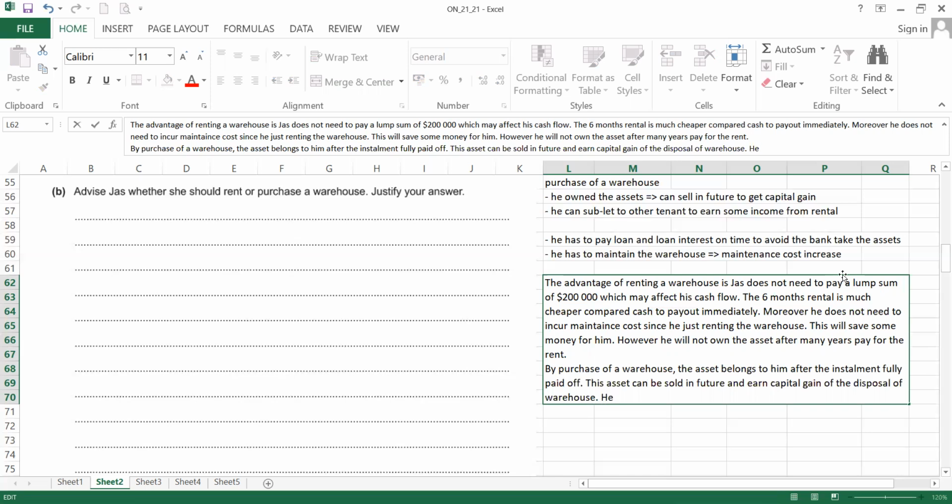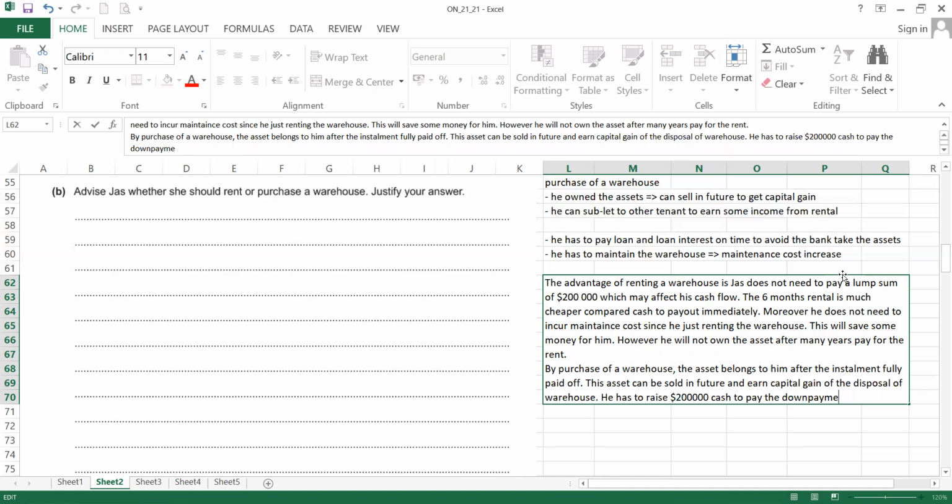He has to raise 200,000 cash to pay the down payment, which could be a big amount to him.